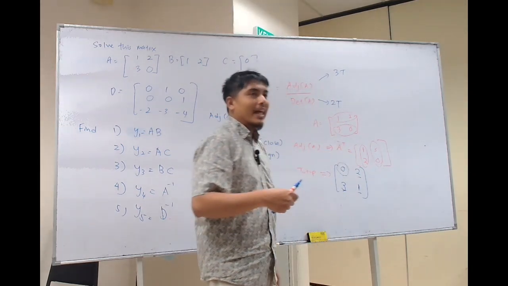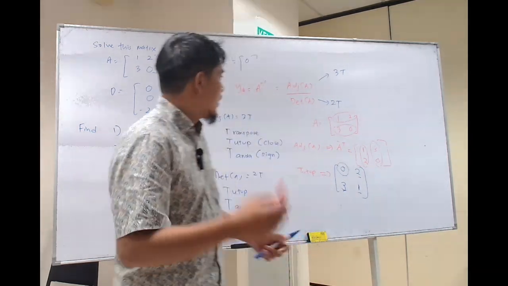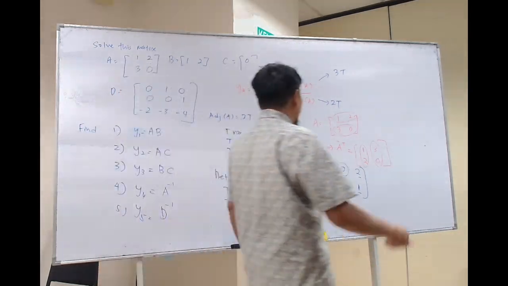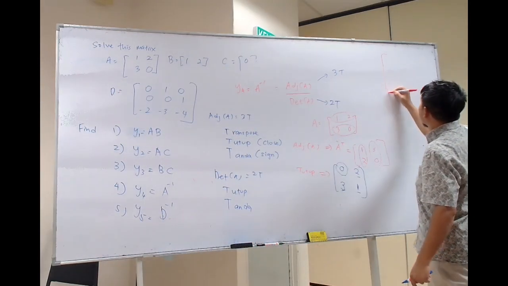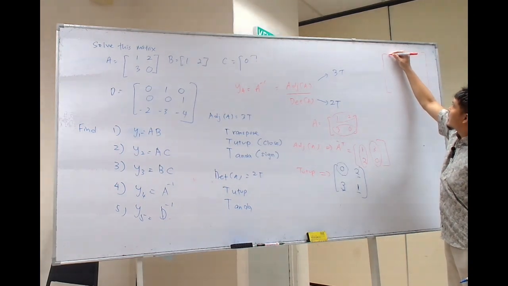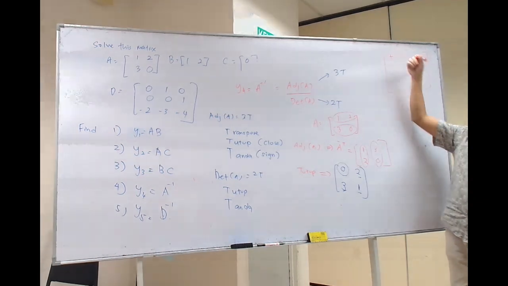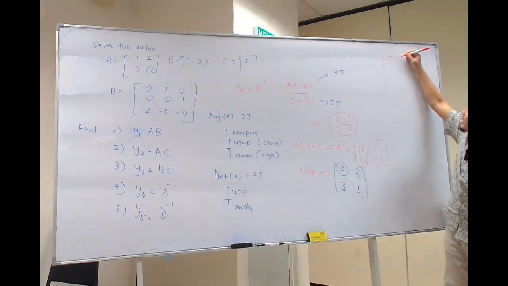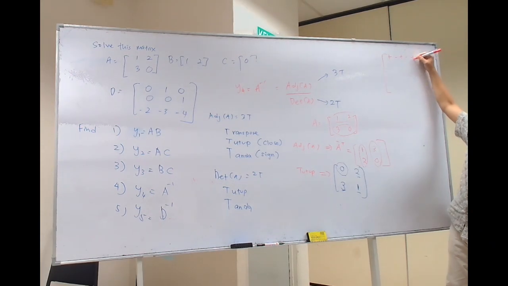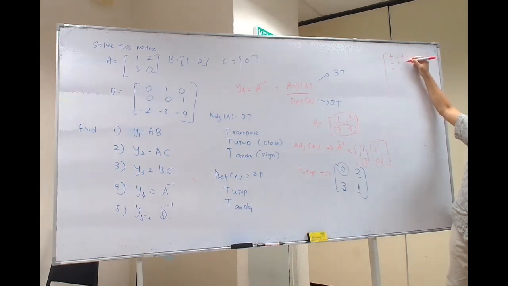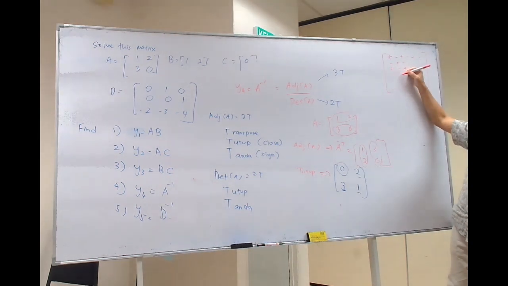And finally, tanda, sign. You must remember this pattern. In matrix, the pattern of tanda or sign always starts from positive and must always alternate with negative. Positive, negative, positive, negative, and the next row negative, positive, negative, positive.